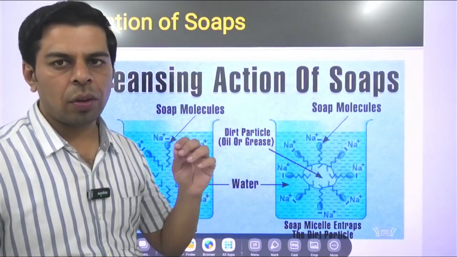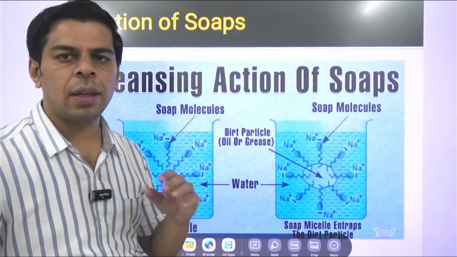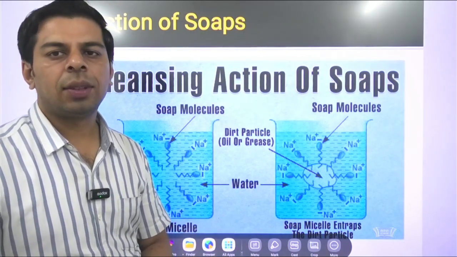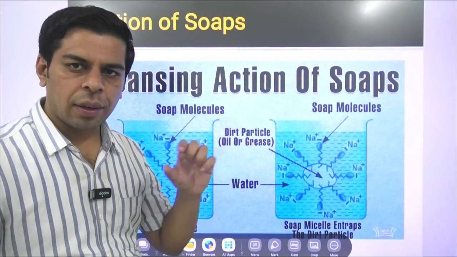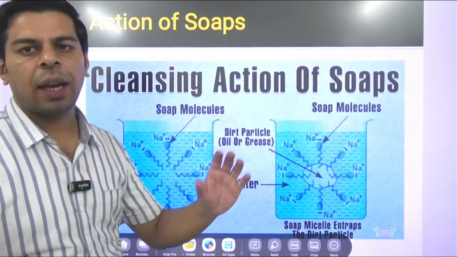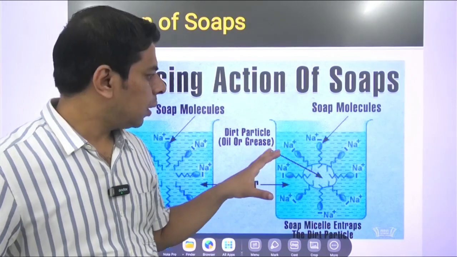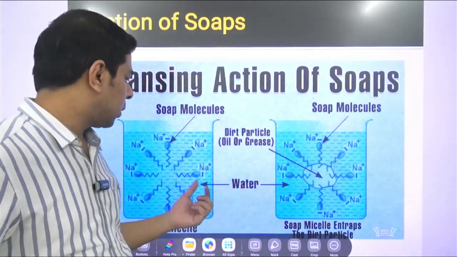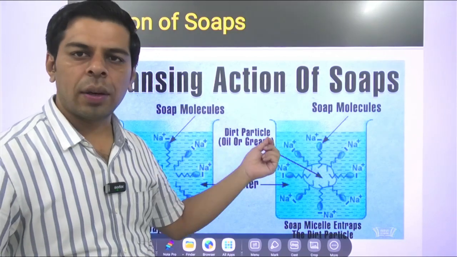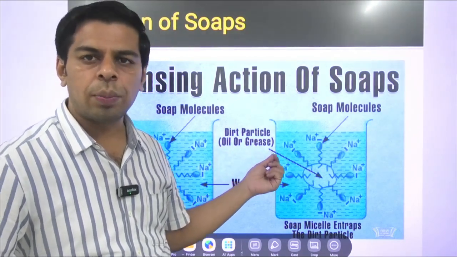So repeated action of water on that particular stain is not going to bring the desired results which we are anticipating. So when we rub the soap over that particular stain multiple times along with water, then the particular reaction comes into the picture. In this picture you will see the dirt particle, oil or grease, which has strong non-polar characteristics.